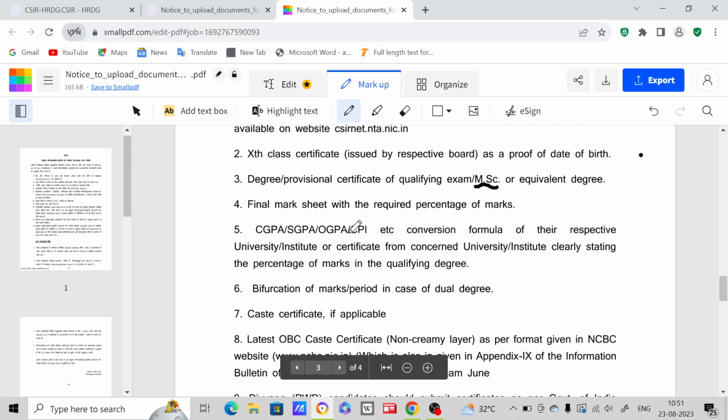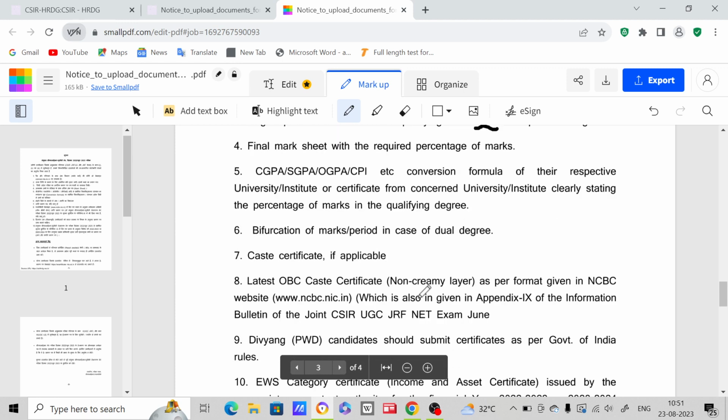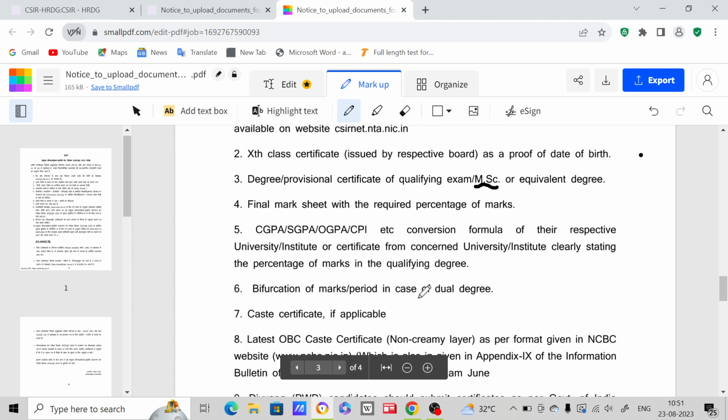Okay, that's all. And one more important thing: if you are a candidate who wants to get your JRF, for example if you are already doing PhD from any institute, but now you are qualifying this exam so that you will get JRF next. If you want to get your JRF stipend, first of all you have to apply like this only.